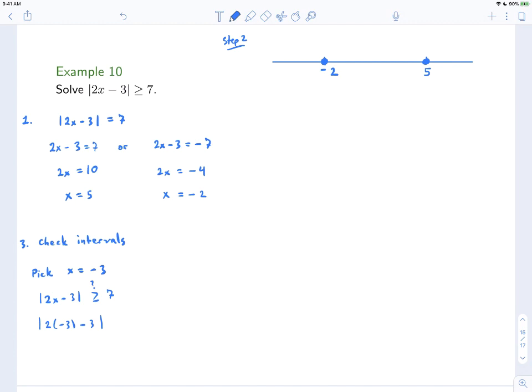We want to know if that's bigger than or equal to 7. So 2 times negative 3 is negative 6 minus 3. Now that's the absolute value of negative 9, which is equal to 9. And is that greater than or equal to 7? Yes, true. So that means we include this interval.